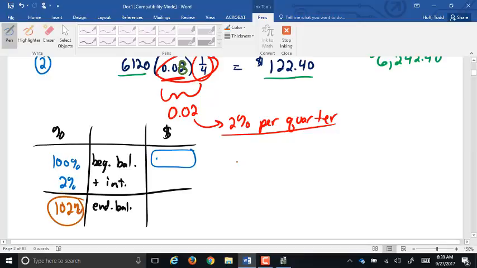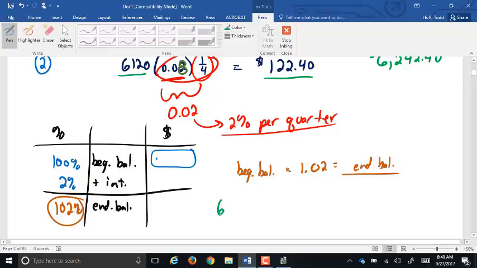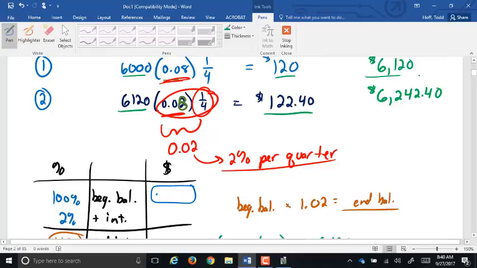So what that means is we could take that beginning balance and we could just multiply by 102% as a rate, as 1.02. And that'll give us the ending balance for each quarter. So if I did that up here with the $6,000, 6,000 times 1.02 gives me the 6,120, which is what I had for my ending balance at the end of the first quarter.